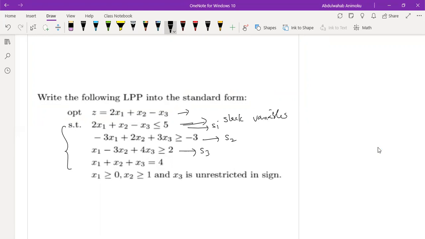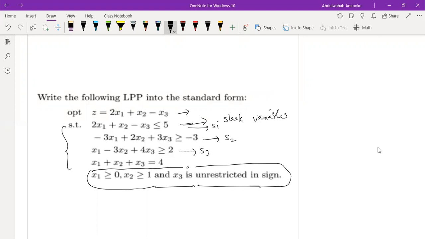Now, something else that we need is we need to focus a little bit on the variables, here, the condition on X1, X2, and X3. One thing that we know for LPP in standard form is we need all the variables to be greater than or equal to 0.